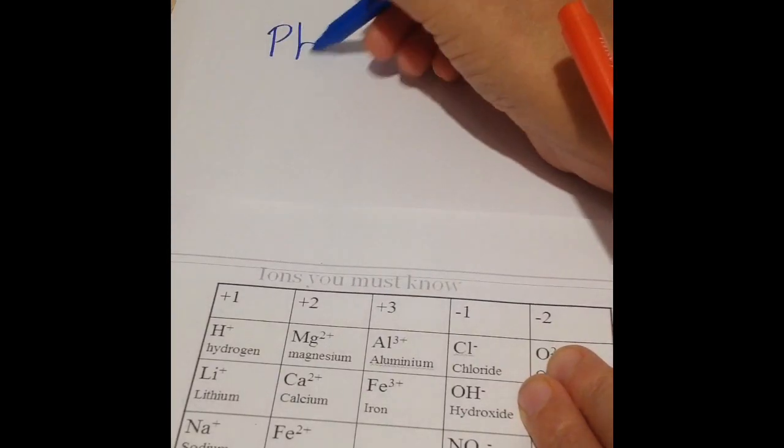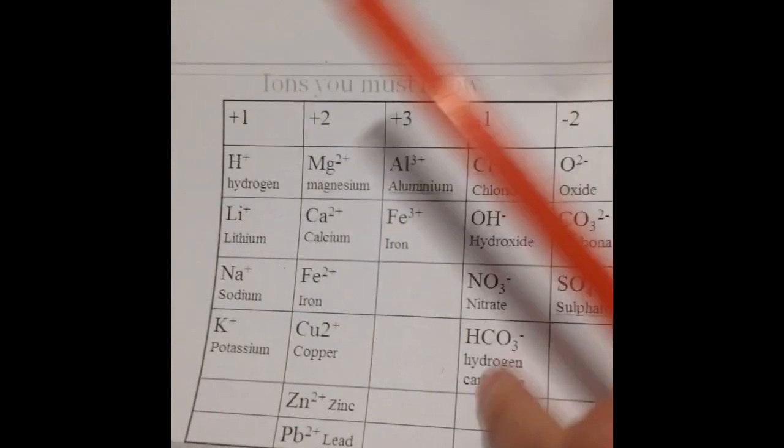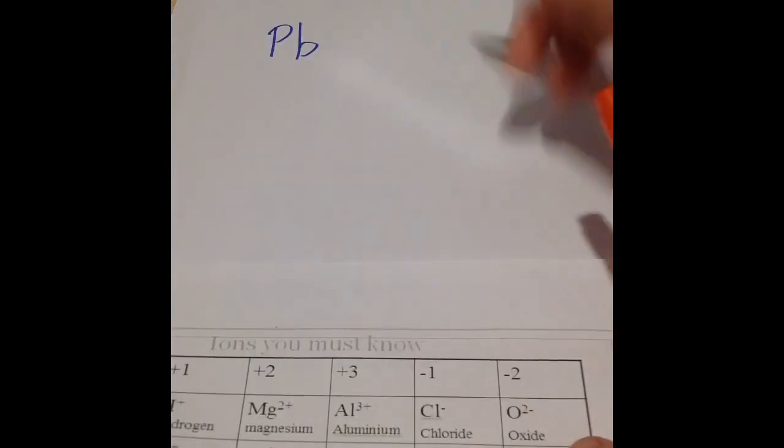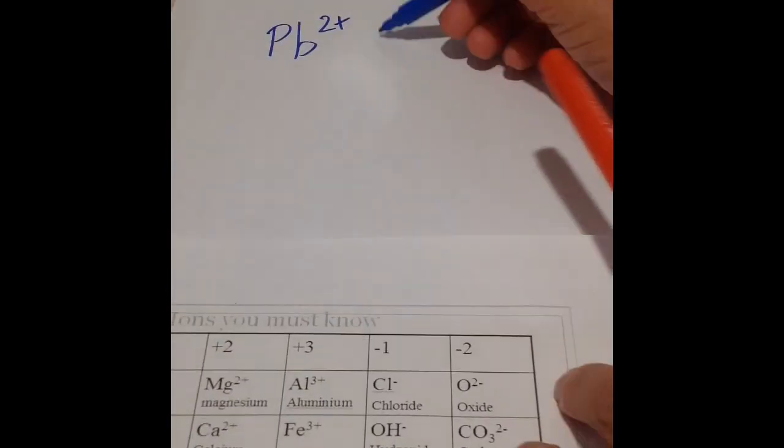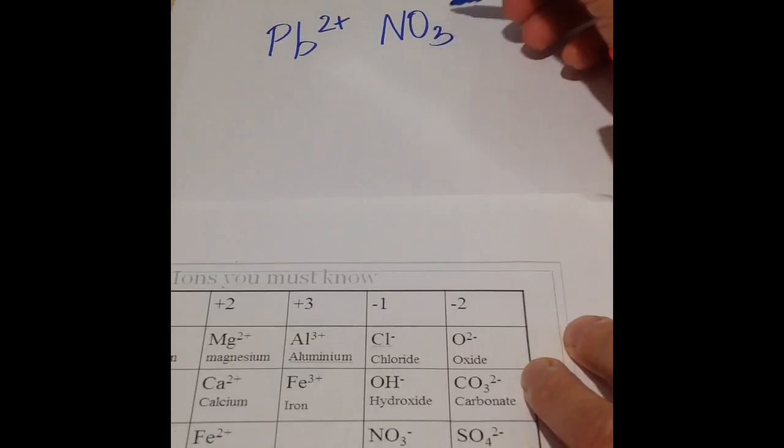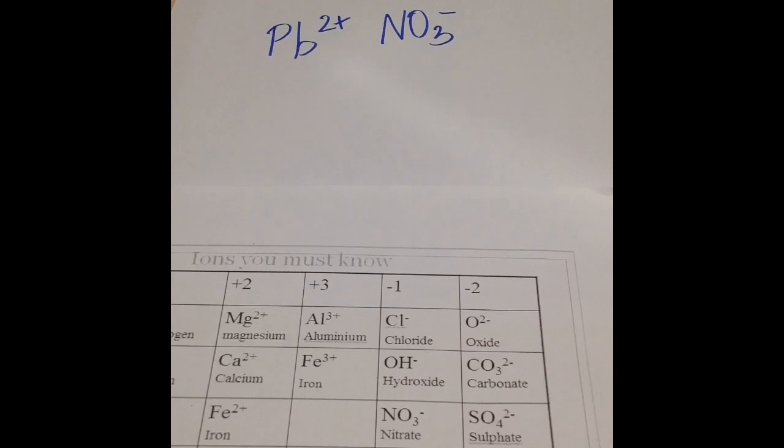Let's have another look at one more example. Let's look at lead nitrate. So lead is on your table of ions. You can see it there, 2+. Nitrate has got -1. So again, we swap and drop it.